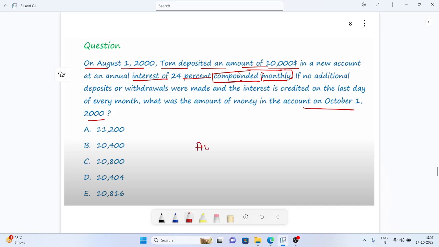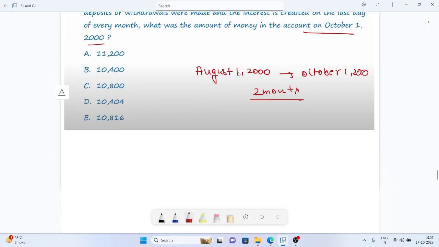So first you tell me the time period. What is the time between August 1, 2000 and October 1, 2000? It is 2 months: August 1 to September 1, and September 1 to October 1. Here he asked for the amount.